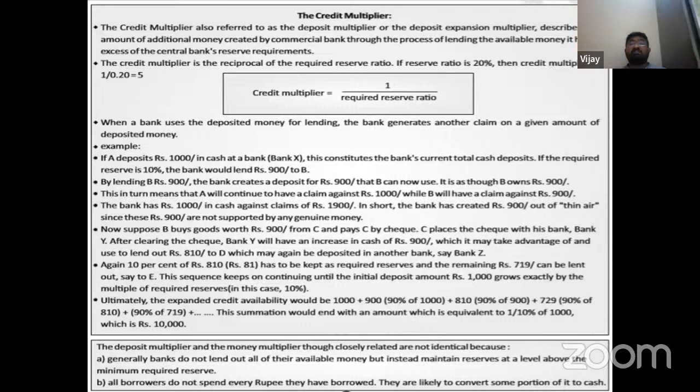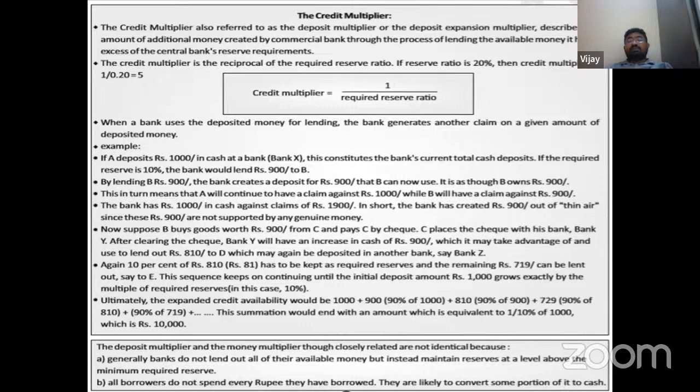That means only 5,000 can be the money supply created in the economy by commercial banks. So that reduces money supply.